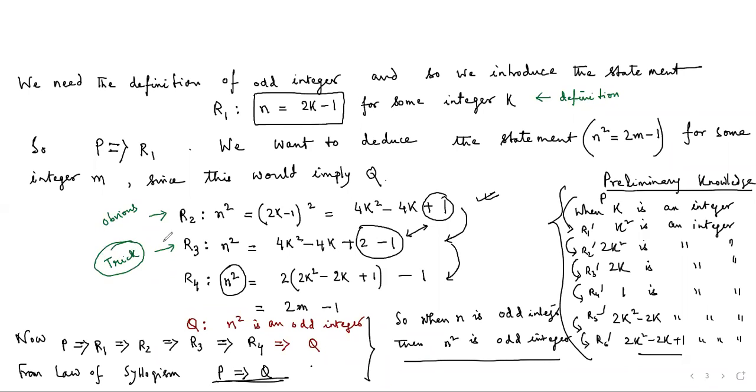Every mathematical proof may or may not be associated with a trick. So this is the trick which has been followed. And if you forget this trick, then probably you will not be able to follow R4 as well as Q. Sometimes your teacher used to tell you that we have done a mathematical proof and this proof needs a trick. Why is it a trick? How do we know that we want to express 1 as 2 minus 1?